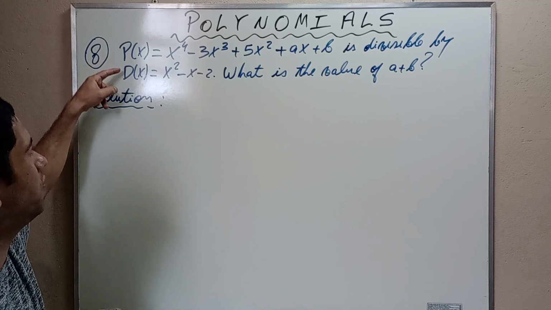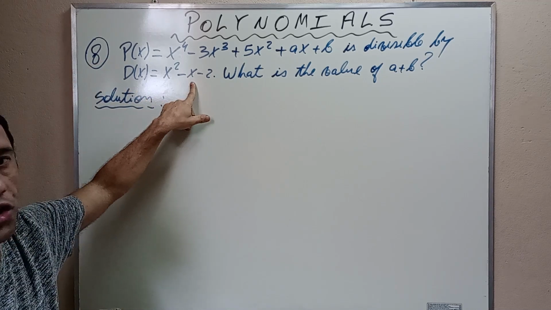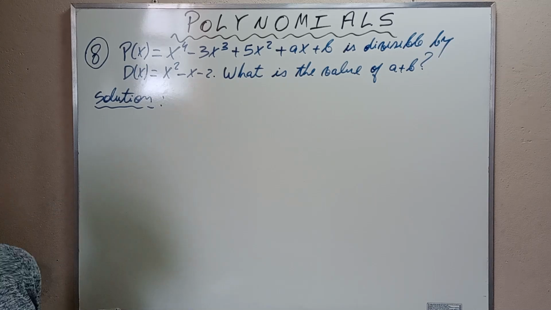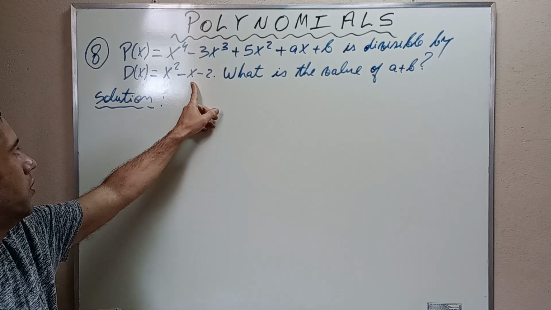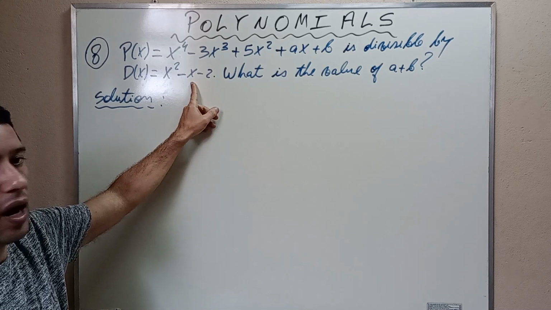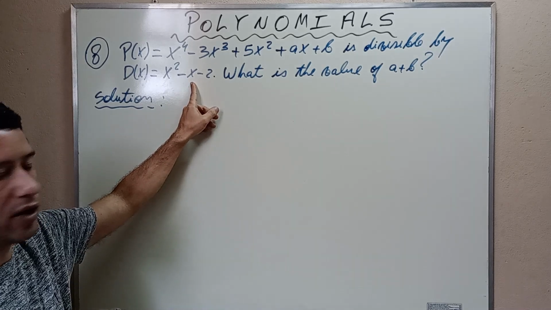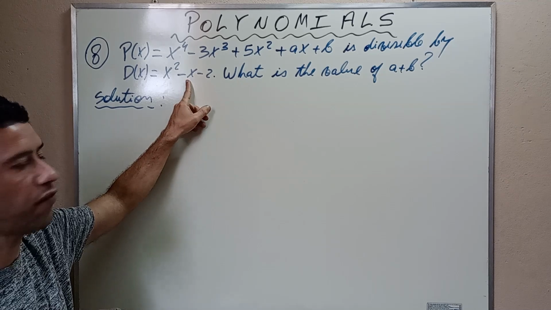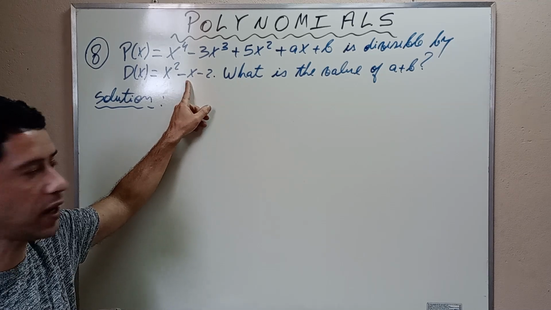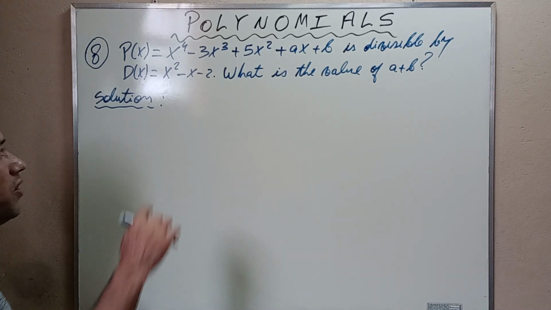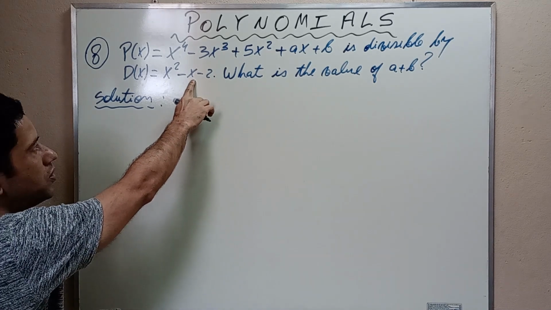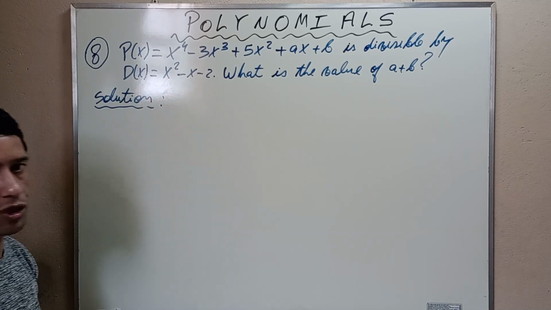Because if one is divisible by the other, they share roots, they have common roots, okay? And the roots of D are the value or values that cause D of x to be equal to 0, okay? This is the definition of a root. A root is a value that makes D of x equal to 0.